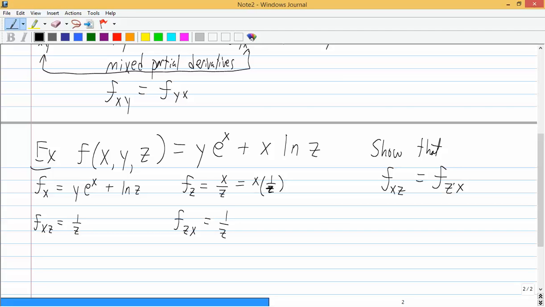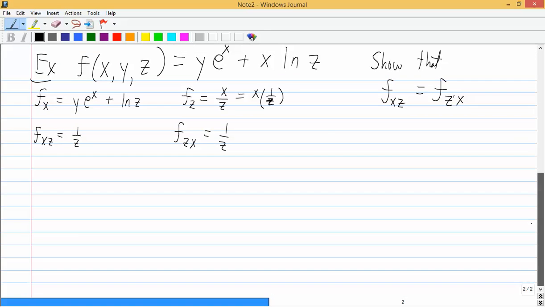Now here's what I want you to do. Let's take this a little bit further. Let's see if f sub x z z is equal to f sub z x z, and that should also be equal to f sub z z x.